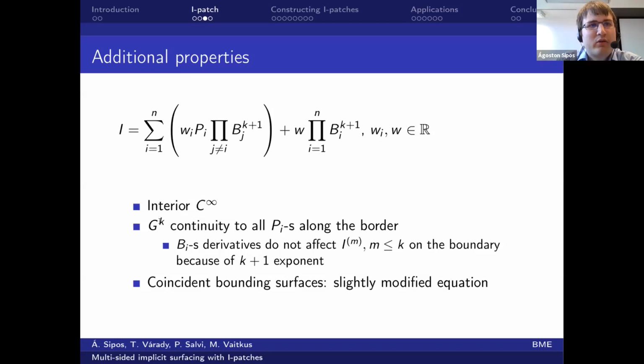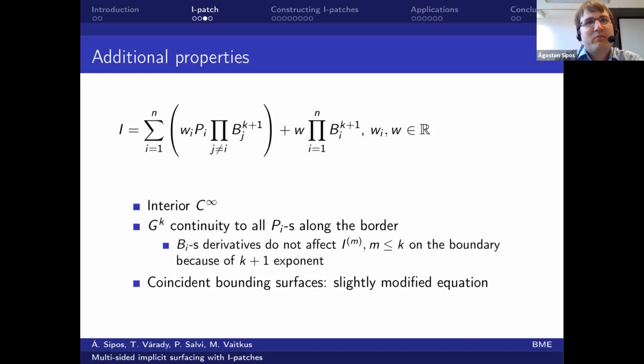So the construction guarantees that if we have the same primary and bonding surface along a given curve, then the iPatches that are constructed on the two sides based on these surfaces will connect with K-order geometric continuity, where K is the exponent which is here in the equation.